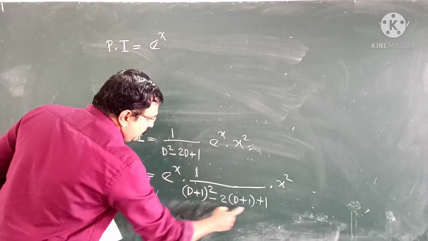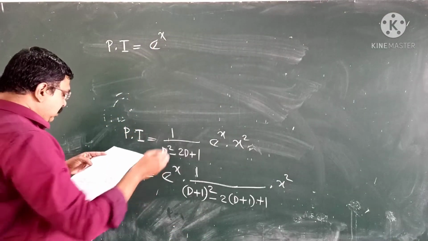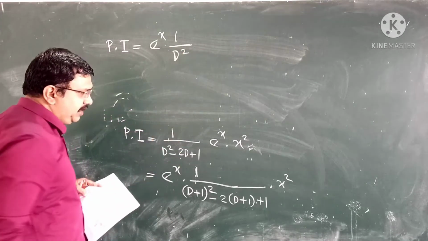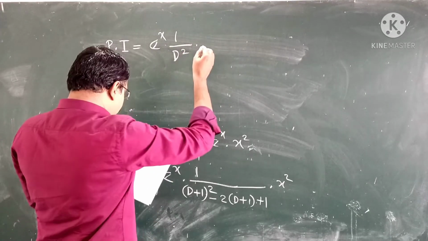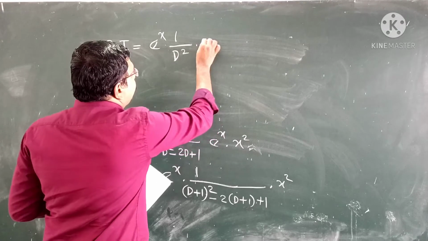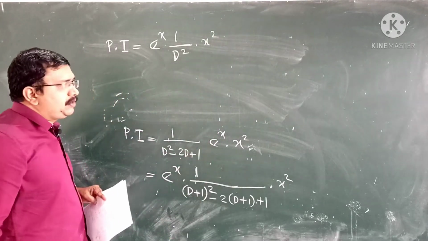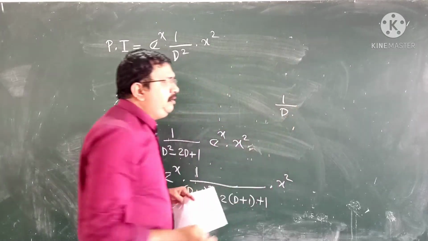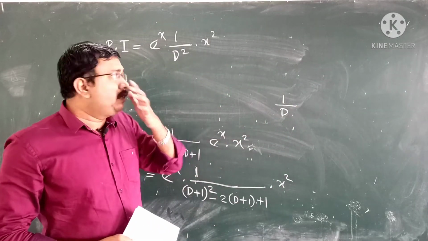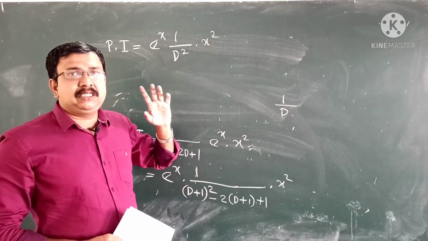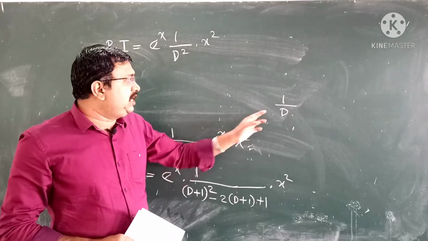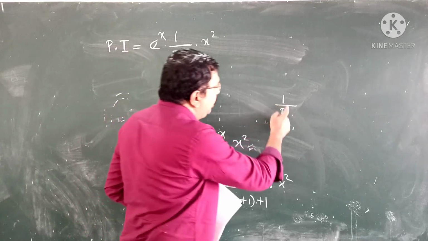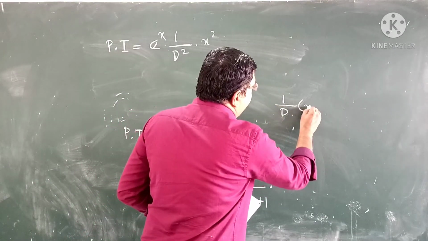When solving this equation, we will get 1 by D square into x square. Okay, we know that what is 1 by D? 1 by D means integration. Okay, 1 by D square means integrating 2 times. Here first we want 1 by D of x square.